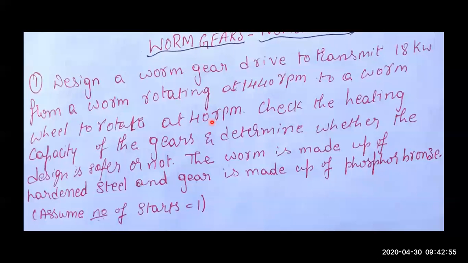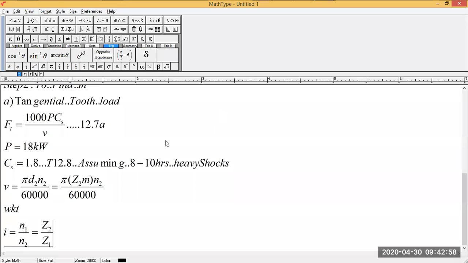So these two speeds you need to make a note of. So N1 over N2 is 1400 over 40, and what you get here is 35. So with this we can find Z2 over Z1.